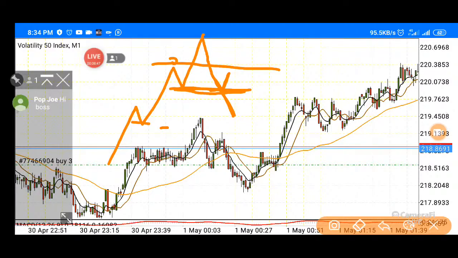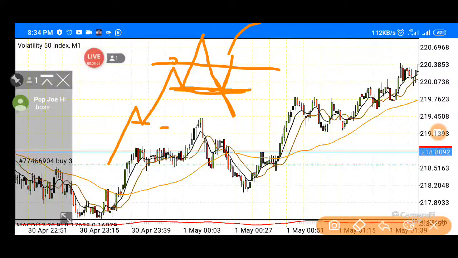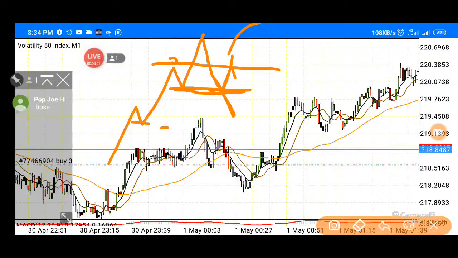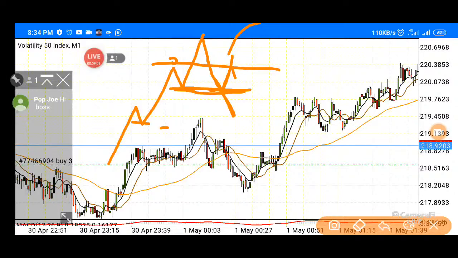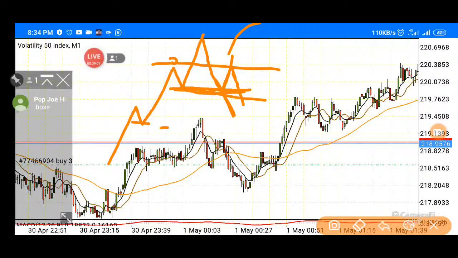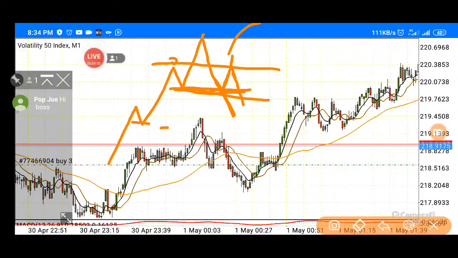It's either the market breaks this resistance and continues the uptrend, or it bounces here again. So that's not all. It's until this market breaks this support that the head and shoulders has fully formed.